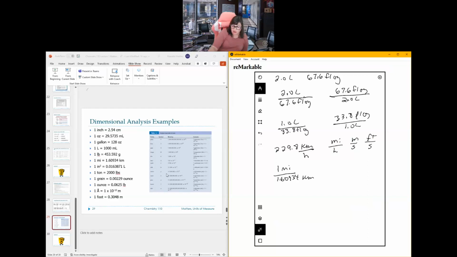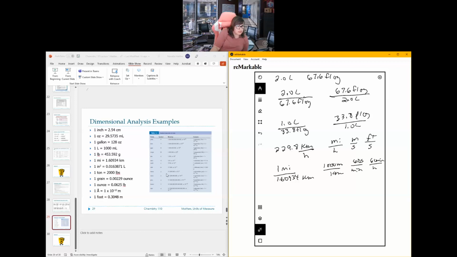Now, I can go from kilometers per hour to meters per second with a few of the other conversions, because I know that there are 1,000 meters per kilometer, and I know that there are 60 seconds in a minute, and I know there are 60 minutes in an hour. I need to know how many feet are in a mile or something like that.